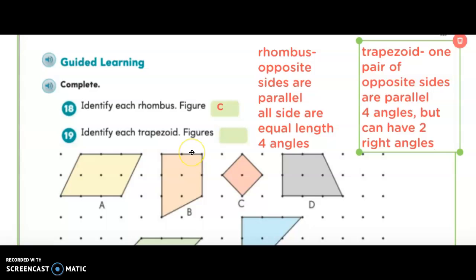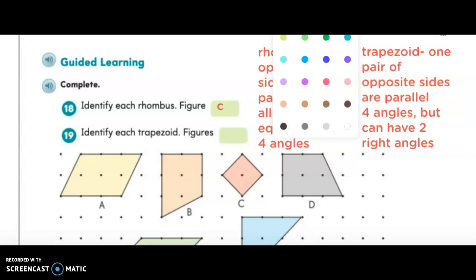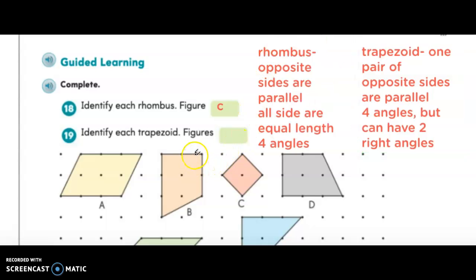Now, looking at figure B, these opposite sides are not parallel, but these are, so that works for us. And if we look, this makes an L-shaped corner here. So if they were drawing the angles for this one, it would look like a square here, and then a regular angle here. So this follows all that we have written. So figure B works. That checks off on our list.